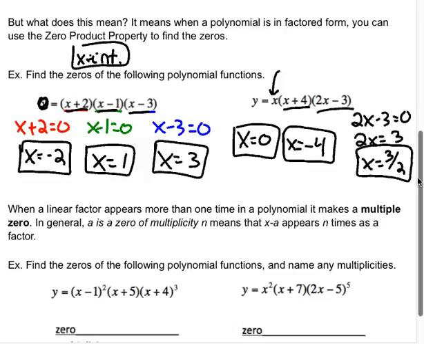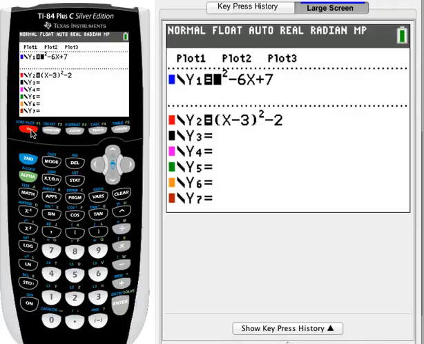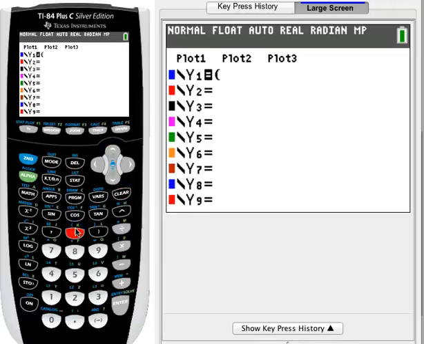So now let's just take a moment here, okay? Because I just found all of those zeros, but I want you to know what they are, okay? So I want to show you graphically what we just found. All right, so what we just found here is we found x minus 1, x plus 2. I'm going back to the previous one, x minus 3.